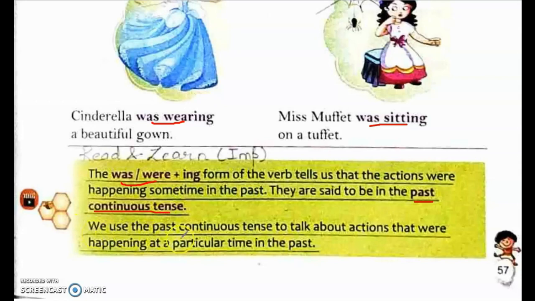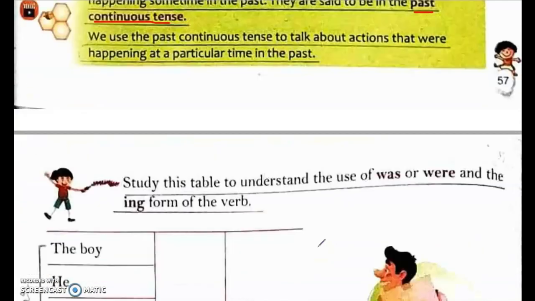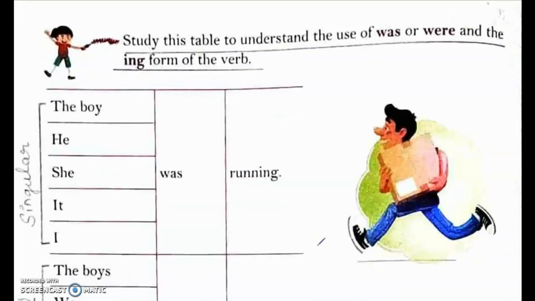We use the past continuous tense to talk about actions that were happening at a particular time in the past. Alright? Now let us see this table given on page number 58. Study this table to understand the use of was or were and the ing form of the verb.